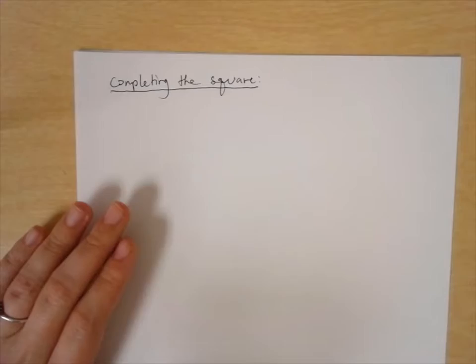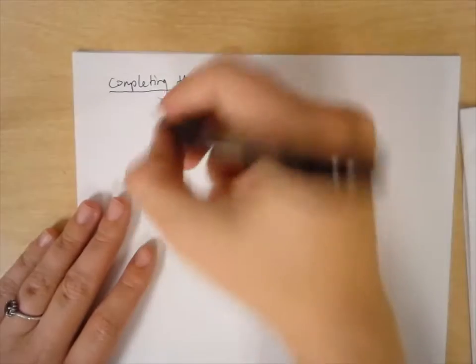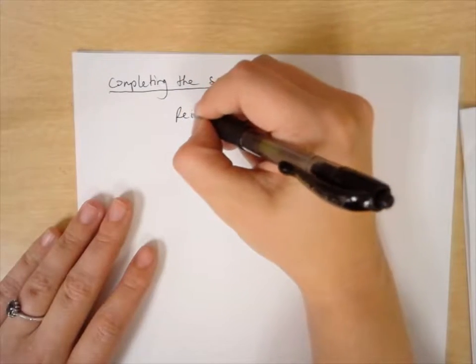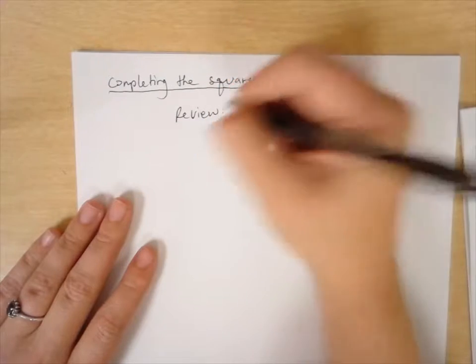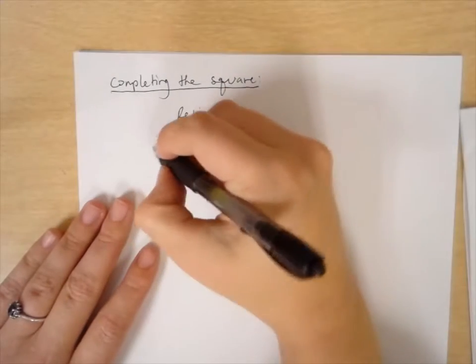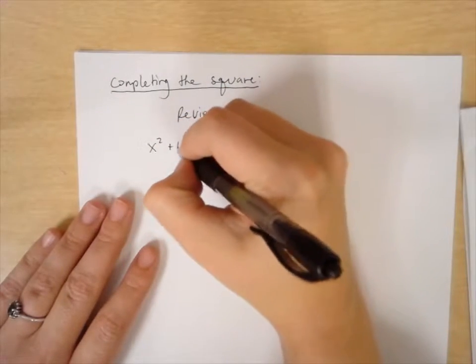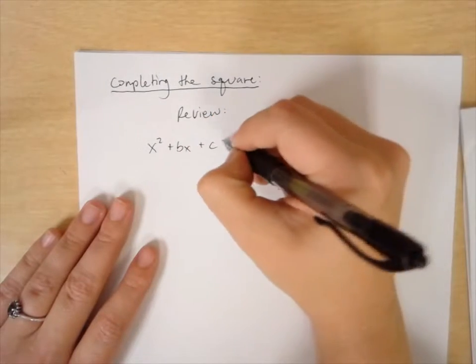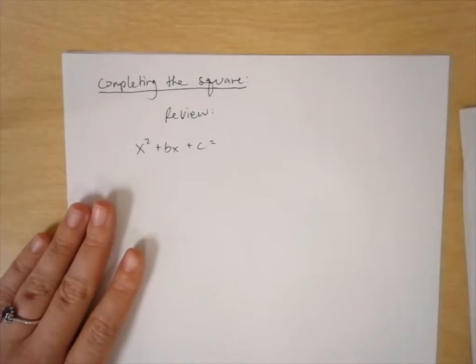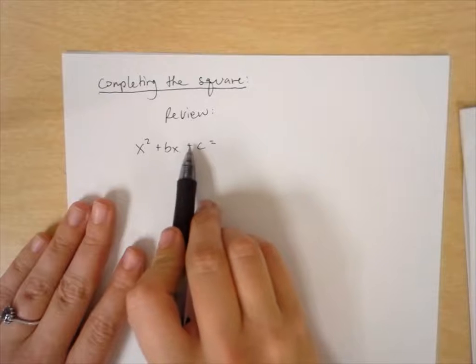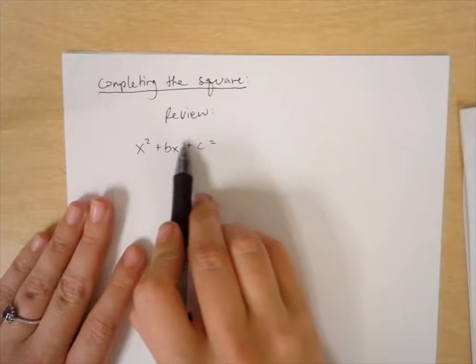Okay, so for completing the square, let's review what that even means. Basically, it just means that if you have a quadratic, like an x squared, a bx, and a c, what you can do is between right here where this plus sign is, we can add two things.